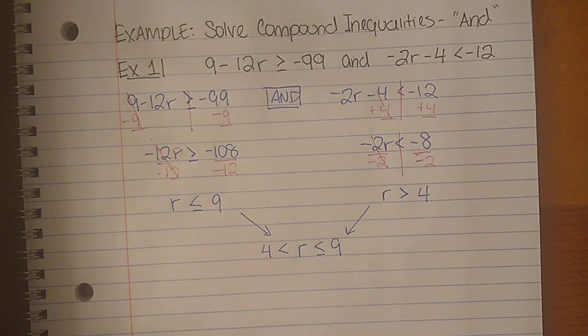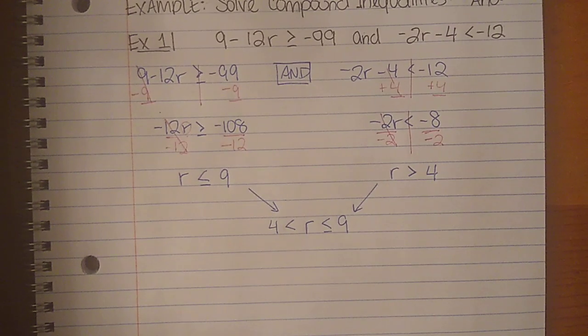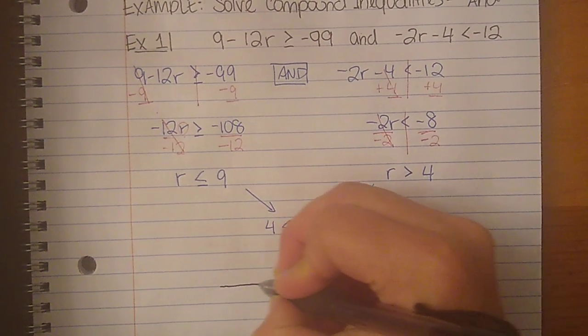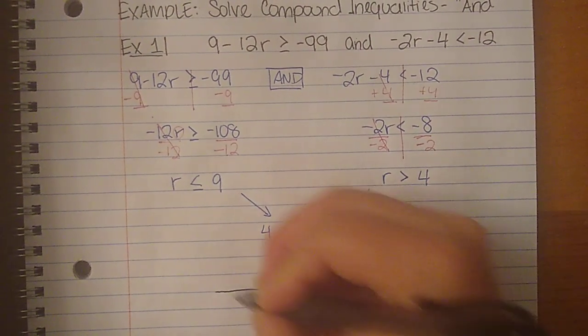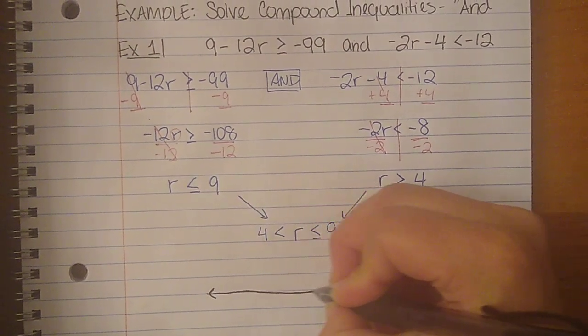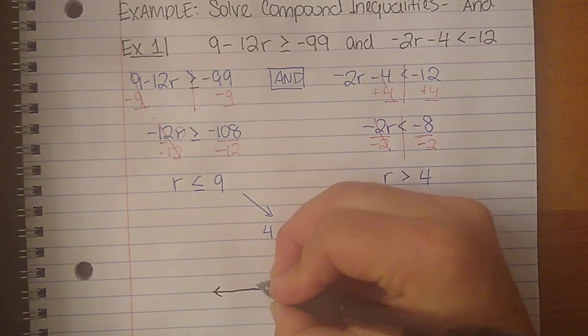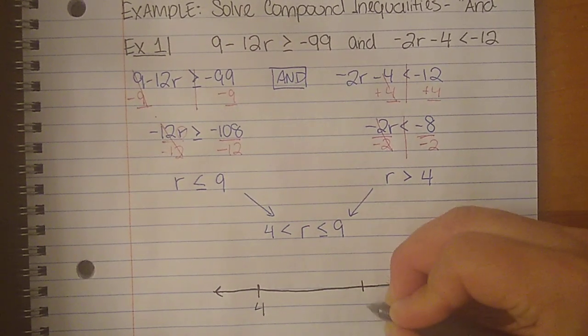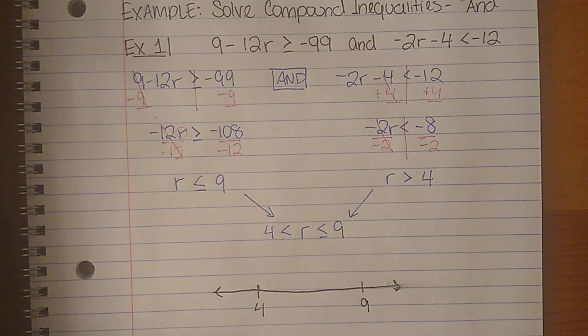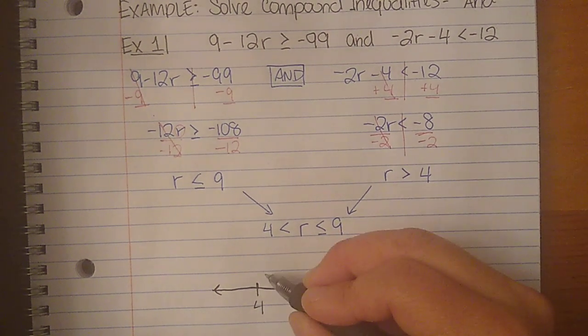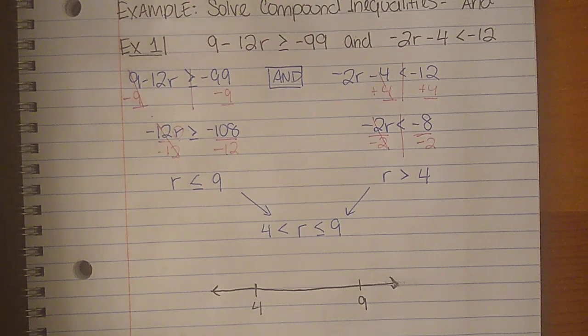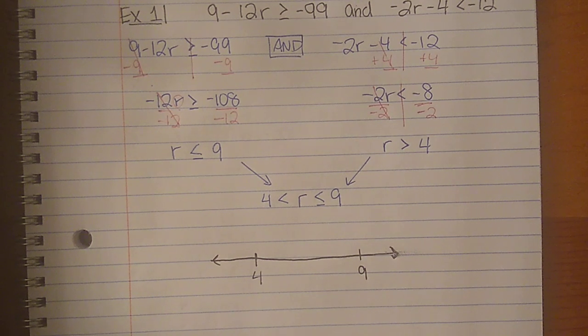So let's talk about how this is graphed. We kind of went over this earlier in our video. I know 4 is down here, 9 is up there. Your scale doesn't need to be super accurate, but it's more important to make sure you're graphing this correctly.